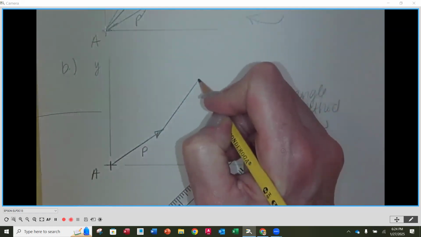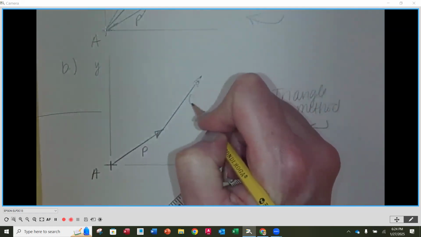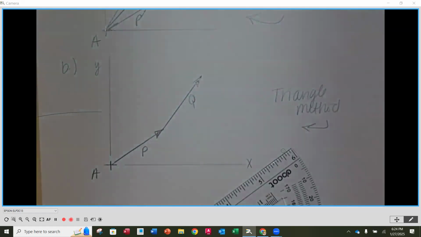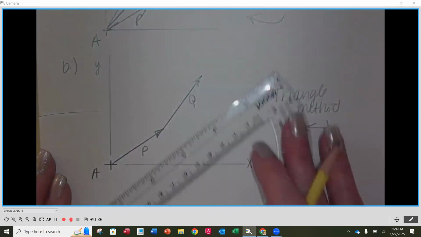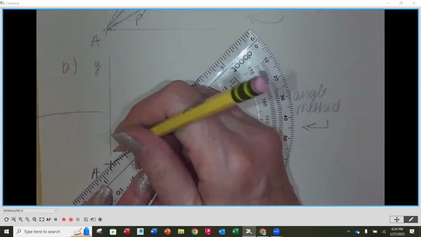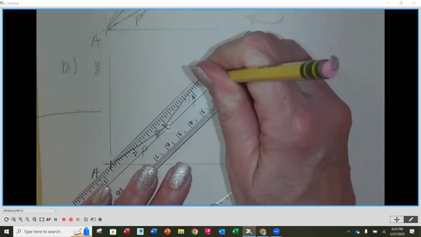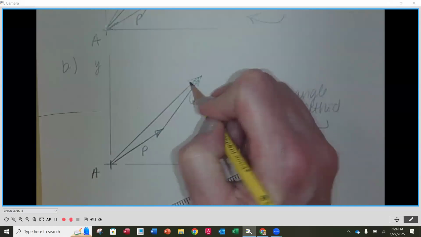Something like that. I'm going to label Q. And then once I have exhausted all my forces, I am now going to start back at the origin and I'm going to draw my resultant to the tip of the last vector.